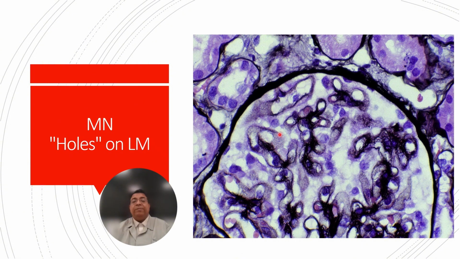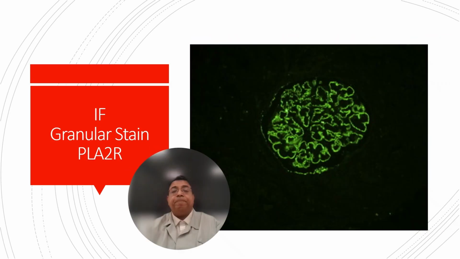Here is an area of the glomerular basement membrane that's not stained. So those kind of look like holes on light microscopy. Immunofluorescence has this granular staining of the glomerular basement membrane by IgG or PLA2R.